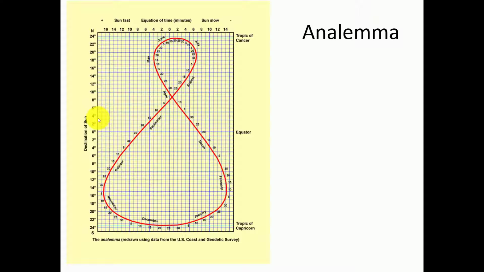Another date I want you to find is December 5th. December is here. 5 is located here. If I read over, I'm at 22 degrees south. When you are answering information about the declination of the sun, make sure you include the north or the south.